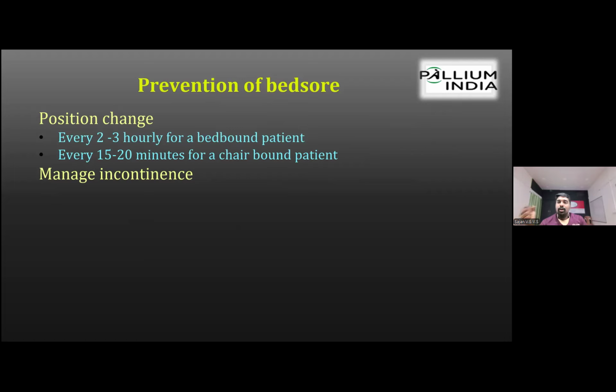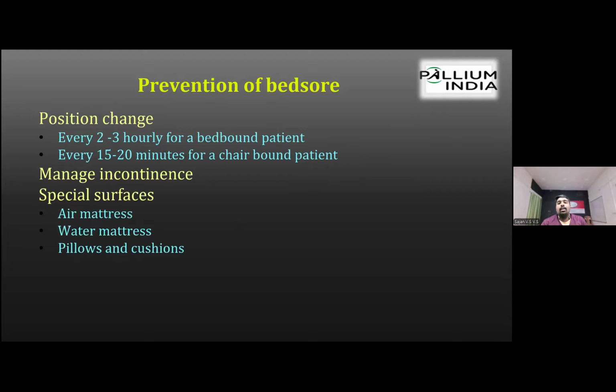After achieving that, they can do it every 15 to 20 minutes. During that time, the pressure-prone areas get rest, so they can prevent bed sore.